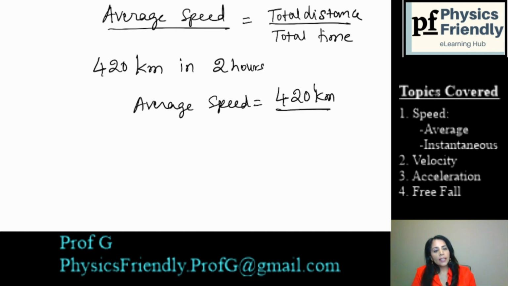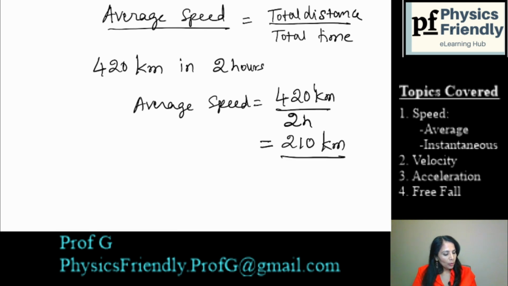Total time is the given time that this object travels, so that would be your 2 hours. So the final answer, the average speed, would be 210 kilometers per hour. That would be your average speed for this particular object.